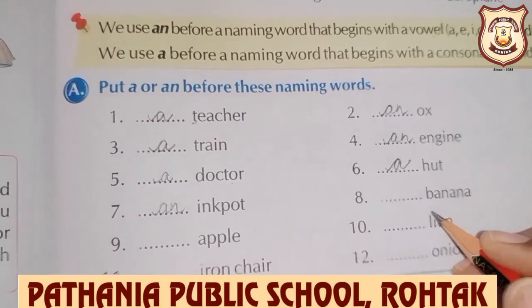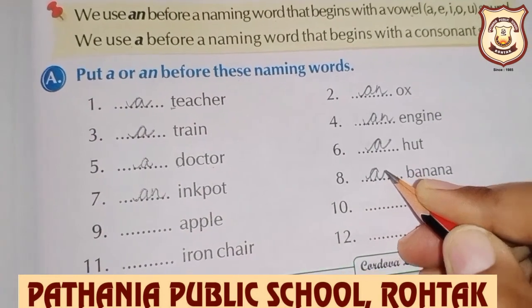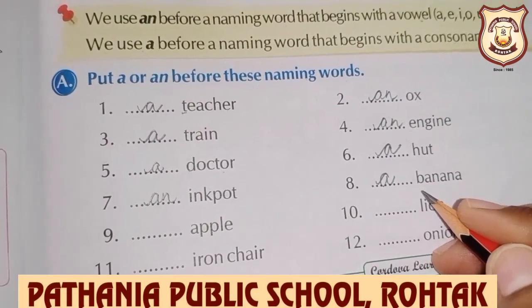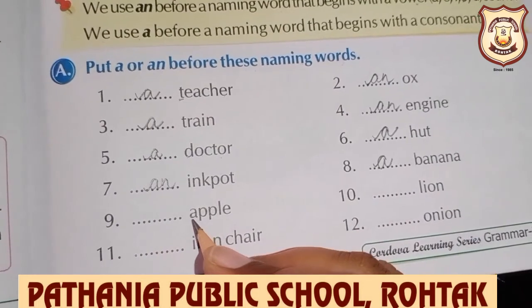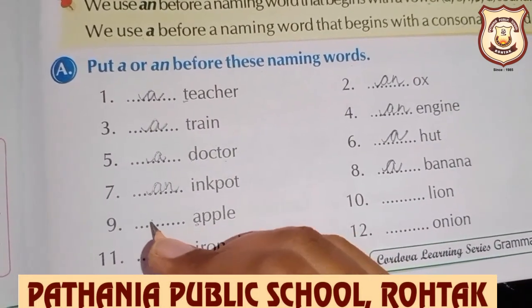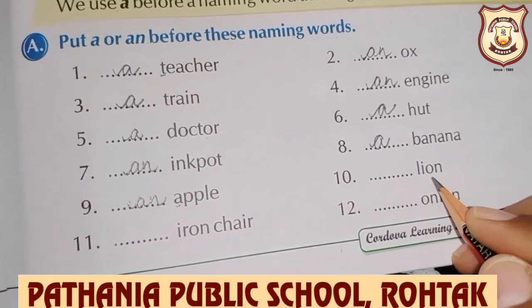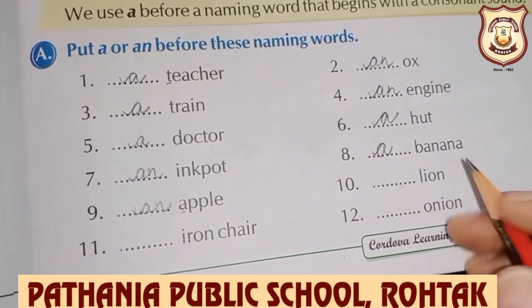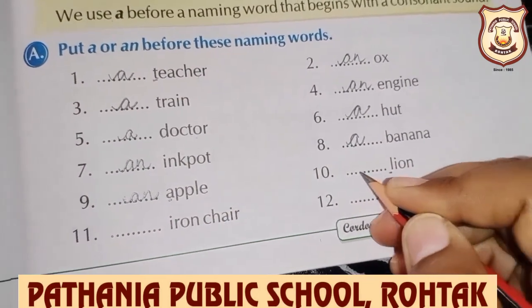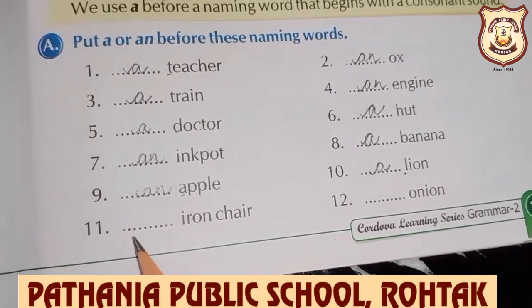Not an banana, it's a banana, because B is a consonant. Apple. A, vowel, so an apple. Lion, not an lion, it's a lion. L, a lion.